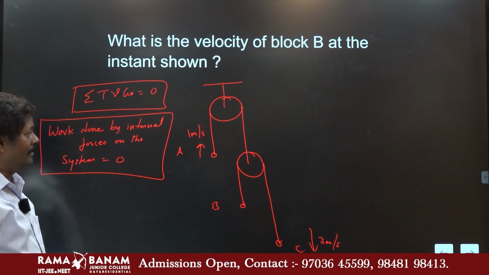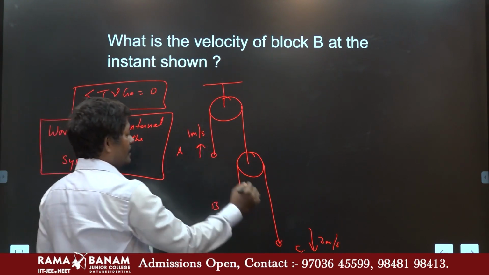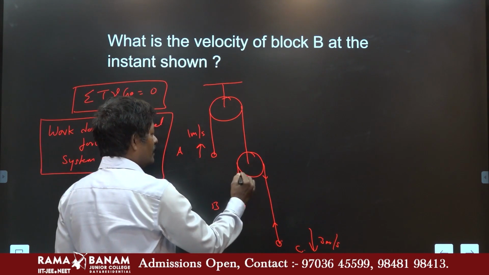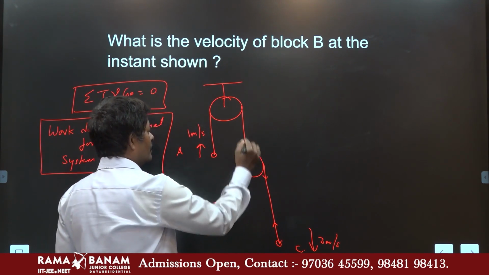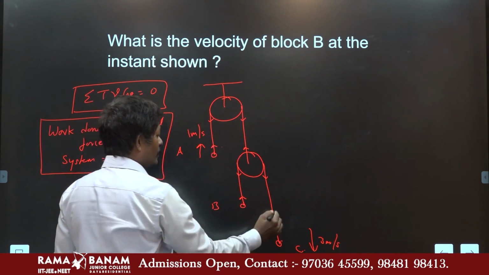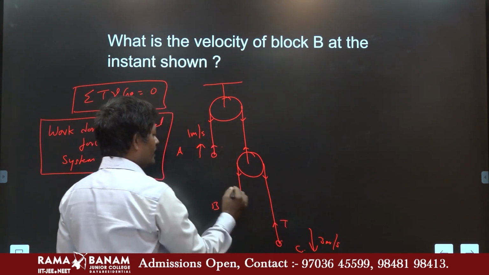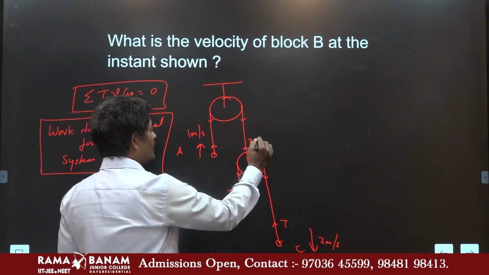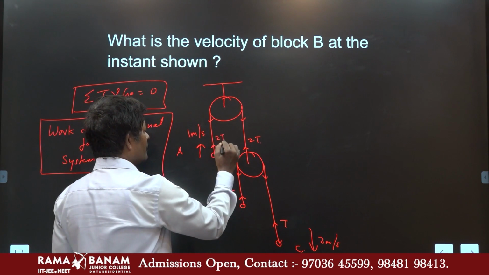So let us come back here. T is upward, on the pulley T downward. See the arrow marks? I am putting the arrow marks here. Here I will take T, here also same string, so tension will be same. Here 2T, here it will be 2T.